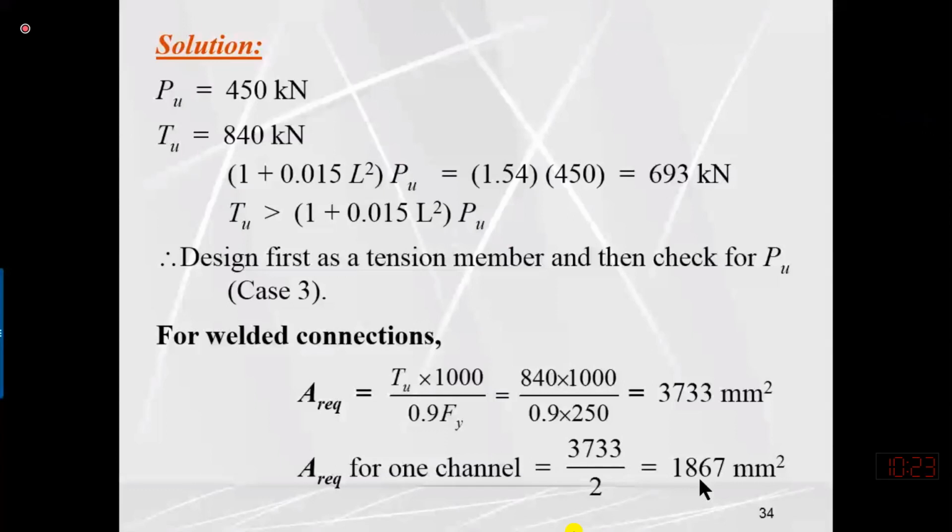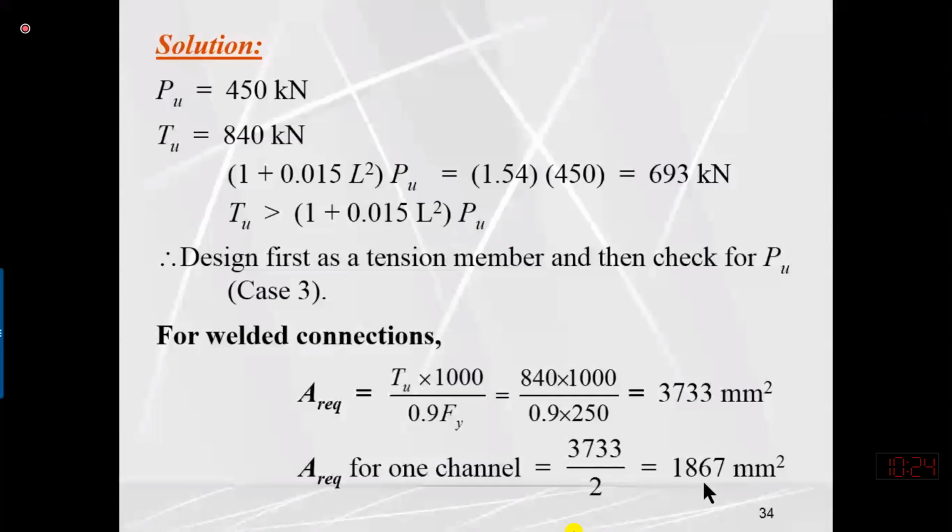The section above has a large area, 2470, so I will not filter it. In the first group on page 66, the third section, C 180 into 14.6, has an area of 1850. I will not select this because 1850 is less than 1867, so it does not meet our requirement.